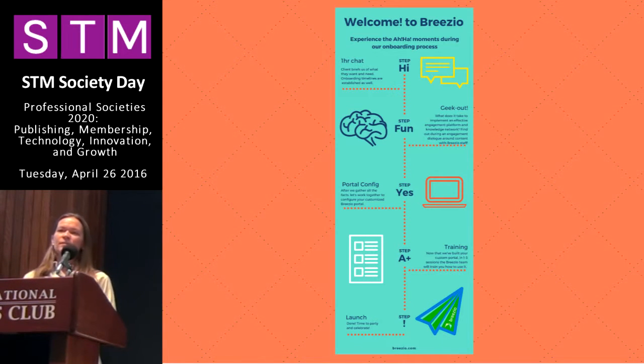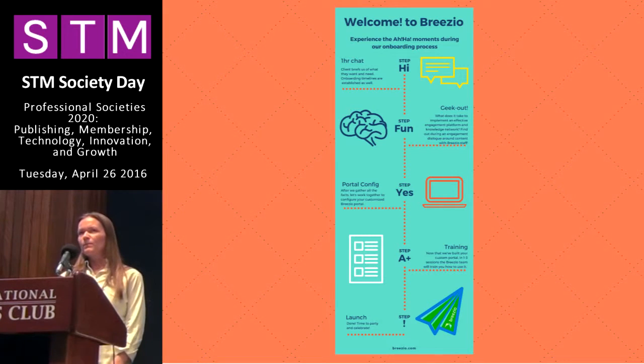That's really a loss of community engagement if people have to come off of one thing and go to something else. And then our fourth step is to have a training program, train the trainers, anyone who's a super user of the program, to really help other people learn. And again, part of that collaboration is having others be the advocates within the system, and then finally launching Breezio into a community.